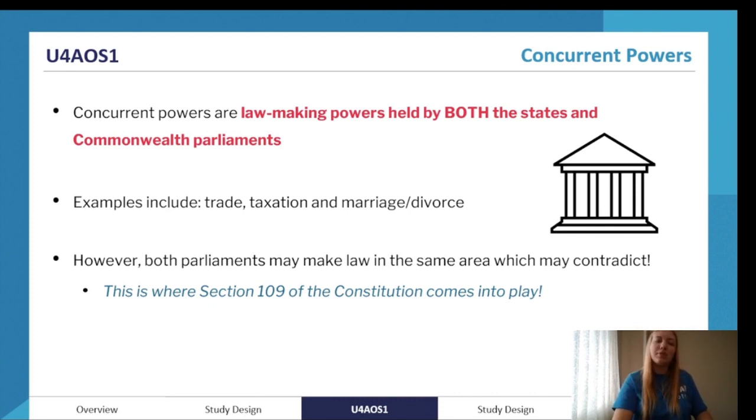So what are some examples? Trade, taxation, and marriage and divorce. So we still have separate laws in states and Commonwealth parliaments for such things. So it makes lots of sense. Trade, for instance, yes, we might have import and export laws in the states, even between the different states, and then the Commonwealth might consider other countries, so international trade and export, and legislate in those areas.